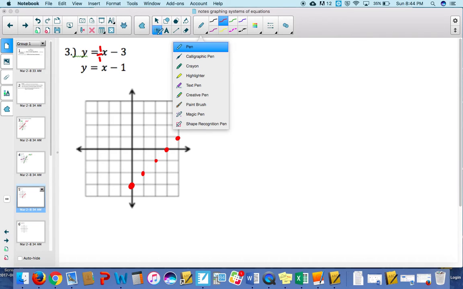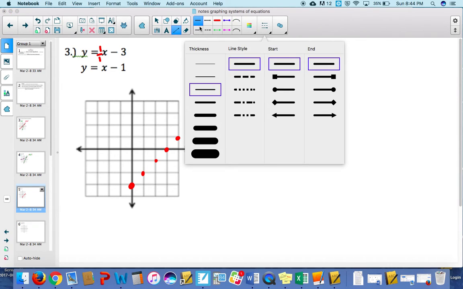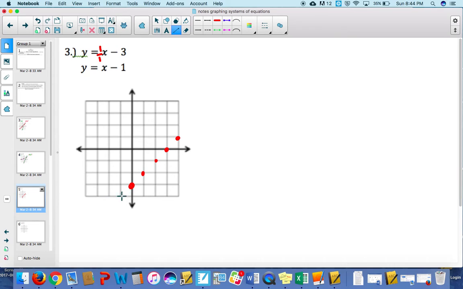Ruler, grab your line. The second line is starting at -1, and it also has a slope of 1 over 1.